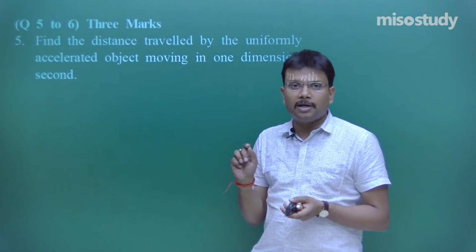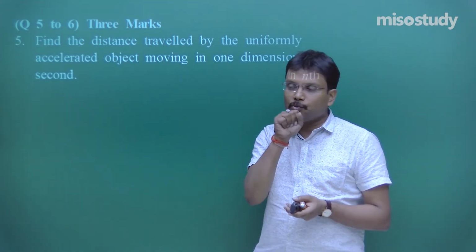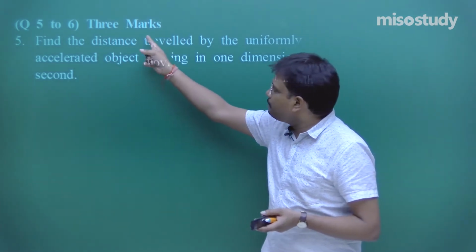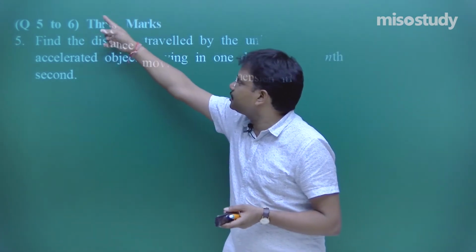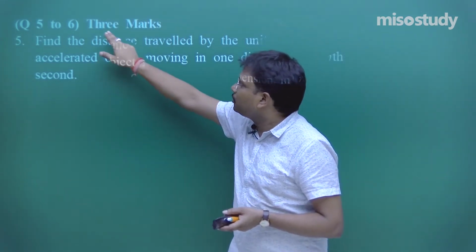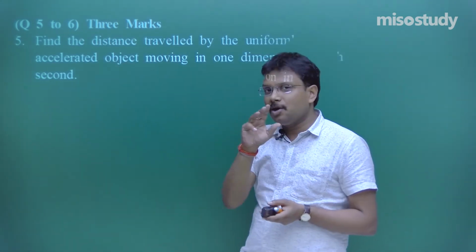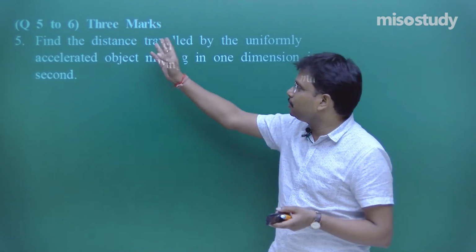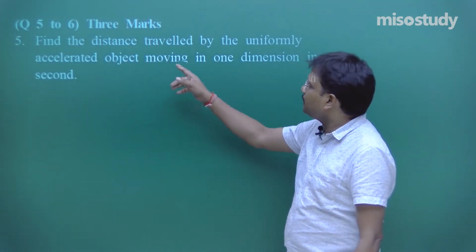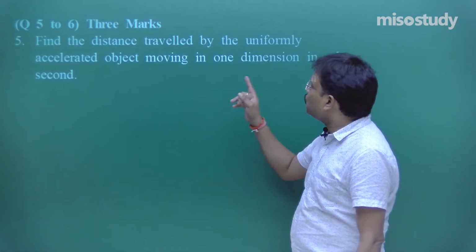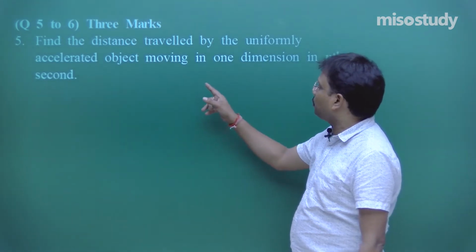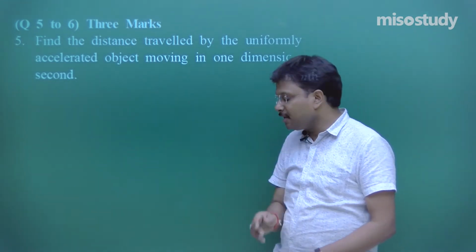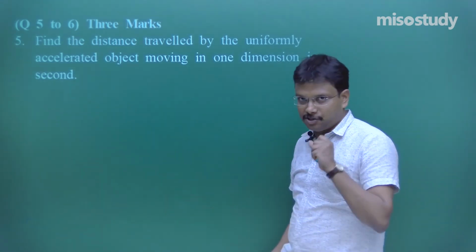Oh, I did not read the instructions properly. This question was for this many marks, and I did not attempt it. So make it a habit to read the instruction. The moment you see 3 marks, you know at least 2 to 3 lines you will have to write. Fine. So this way we should start. Now, find the distance travelled by a uniformly accelerated object moving in one dimension in the nth second. Basically it is a derivation.